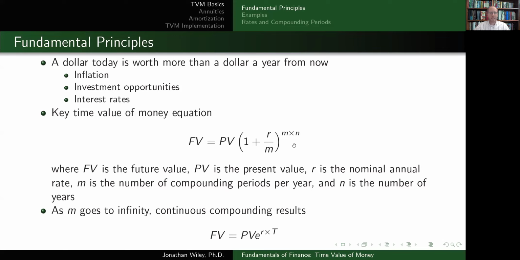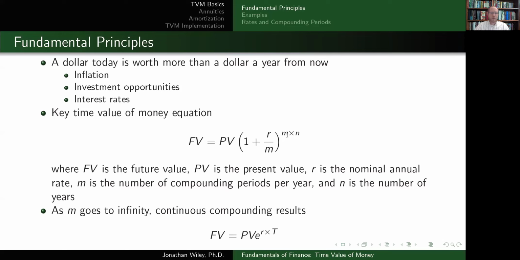If I was doing semi-annual compounding, then what would happen is I would take my annual rate here, so my 10% in my example, divide it by 2, because there are 2 semi-annual periods within a year. And I would have 10% divided by 2, which is 5% per 6 months. But then up here in the exponent, I would take M, which is 2, times N, the number of years.